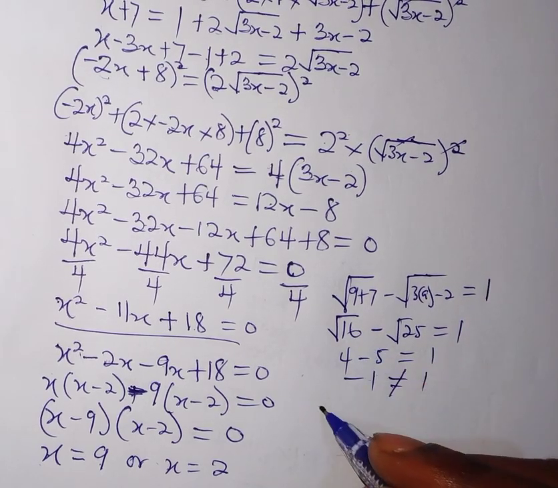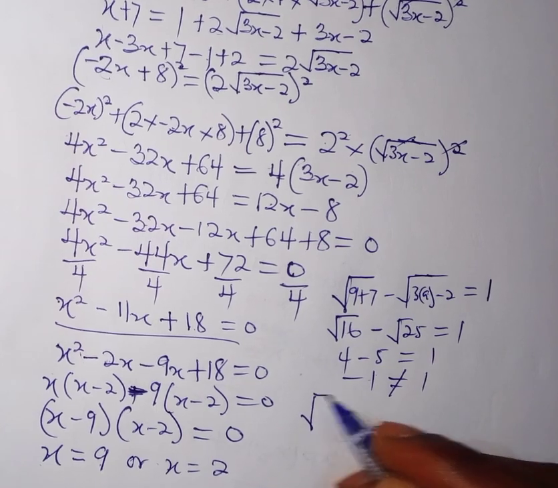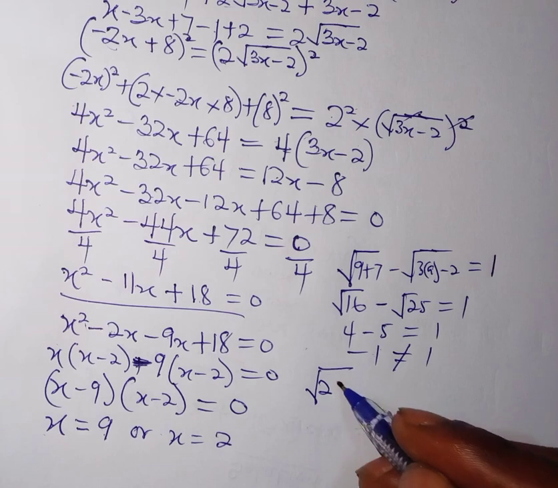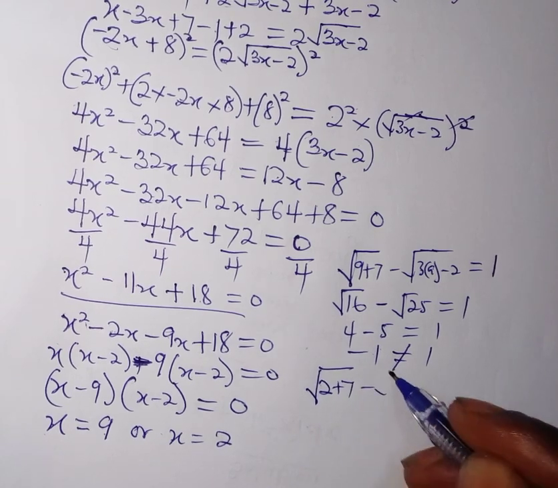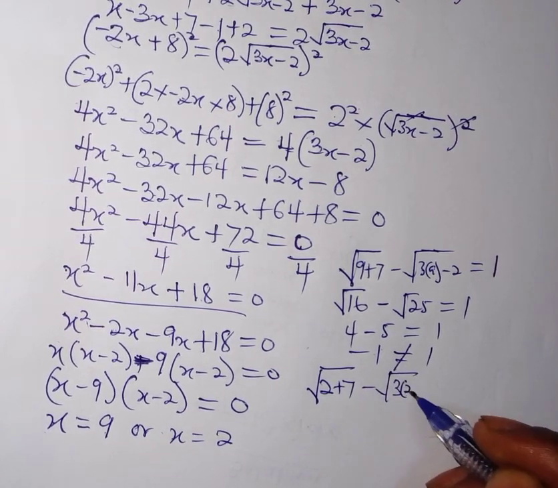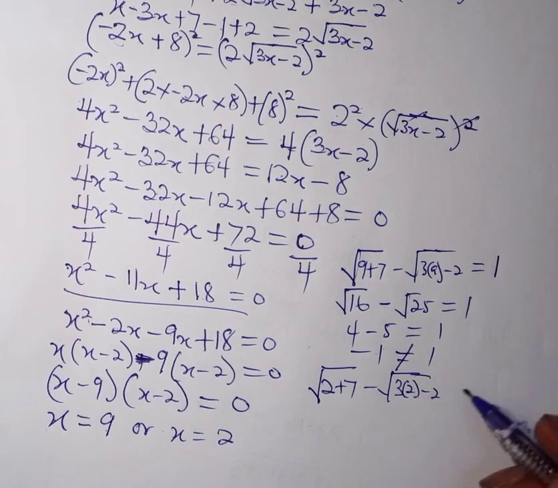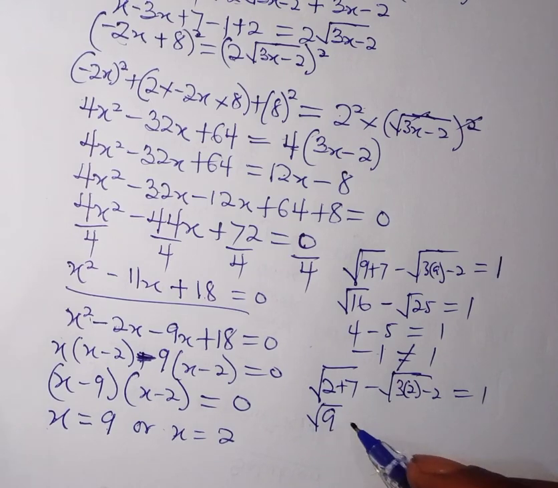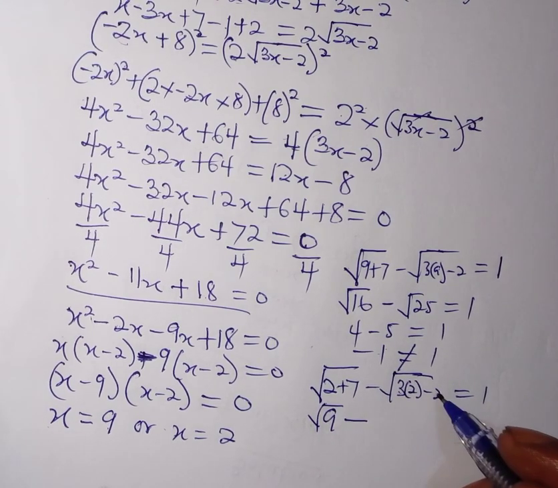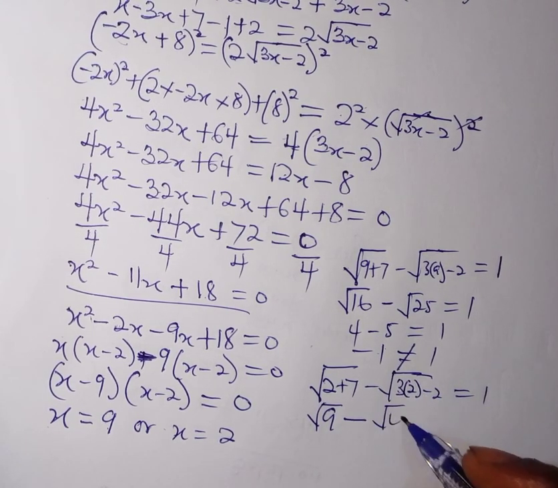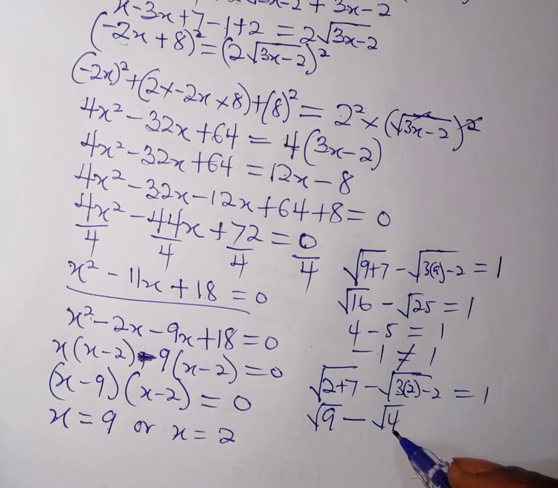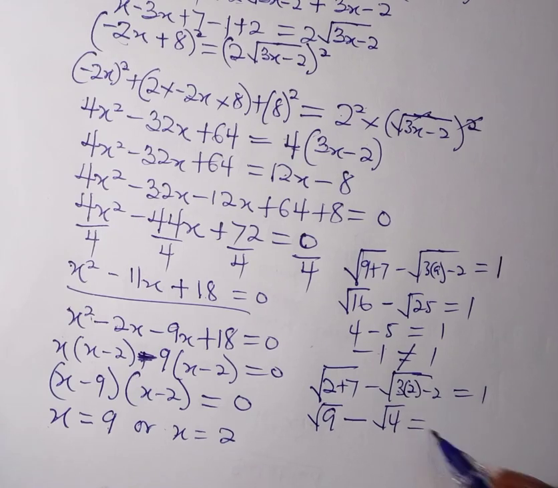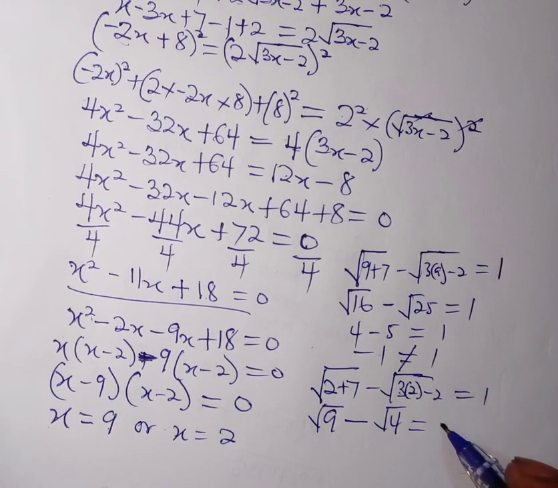Now let's try with the 2 and see. For x we put 2 here, plus 7 minus 3 times 2 minus 2, which is equal to 1. So we have 9 minus 6, so we have 4, which is equal to 1.